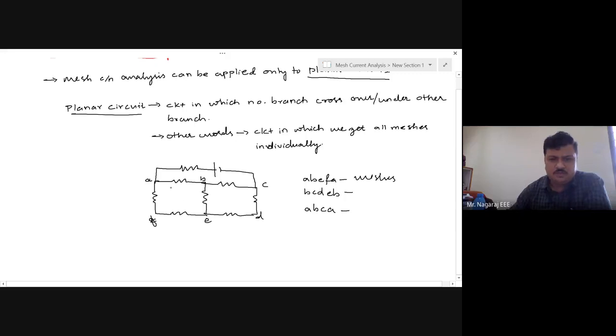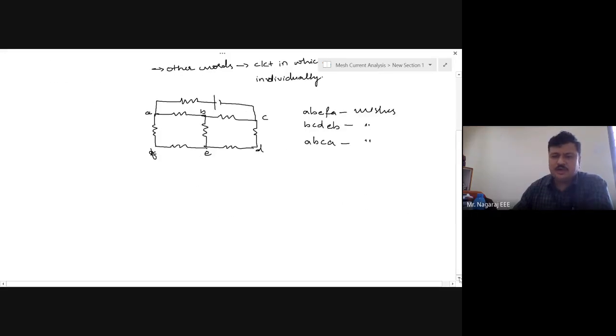Do you agree? A, B, E, F, A. There is no loop inside this loop. B, C, D, E, B. There is no loop inside this loop. A, B, C, A. There is no loop inside this loop. So therefore, all these three are meshes. Now I will draw a circuit.